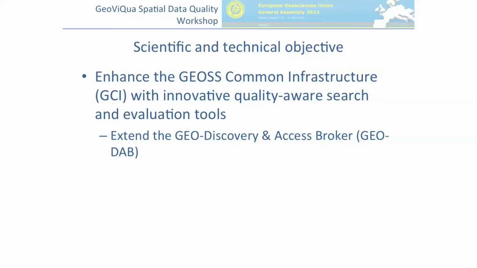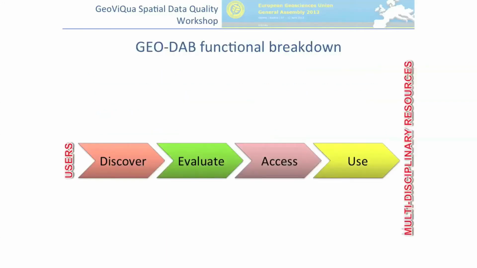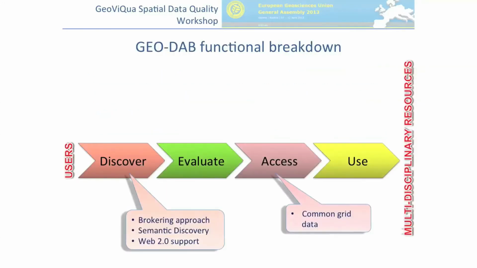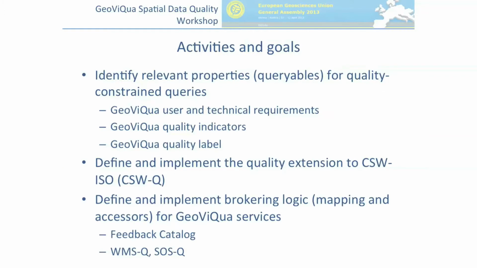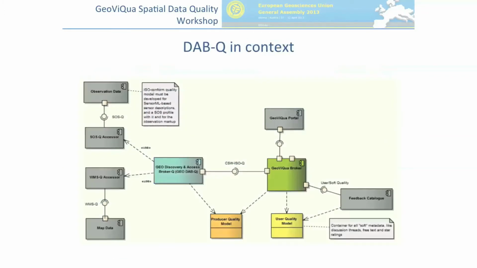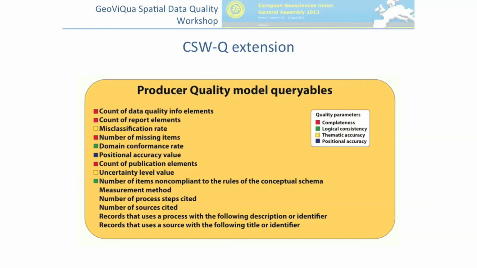So that's why we have extended that in GeoViQua to allow the use of some, I think, 20 or possibly more quality indicators that the user can use to enhance their queries, to express the query constraints and then obtain results that are more fitting to his or her purpose.